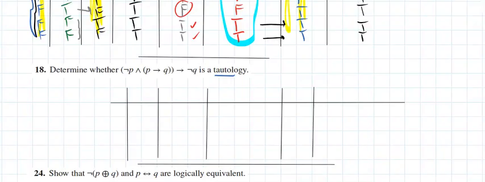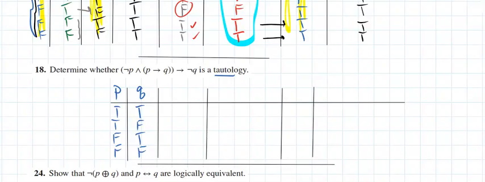So think about it. If this is P and this is Q, and I'll elaborate what that means in a minute. Q is true, false, true, false. So let's see. They're saying determine if it's a tautology.